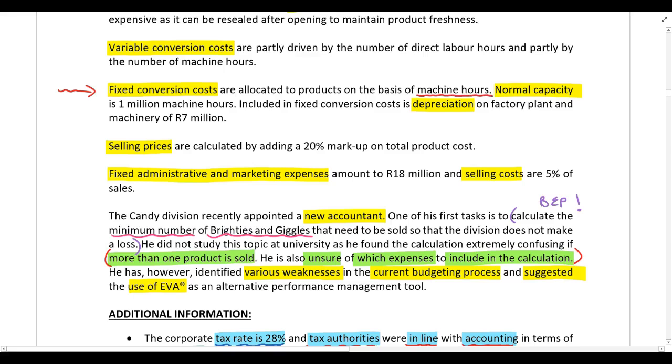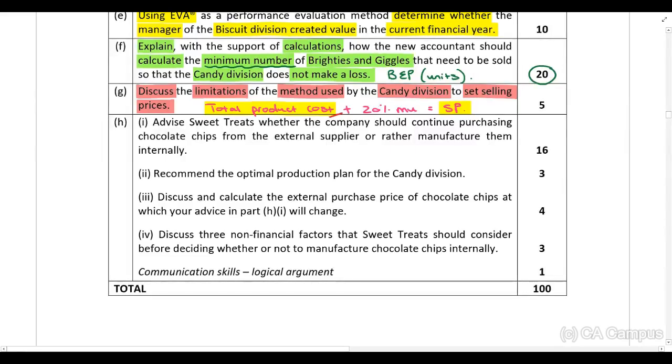So the division is using traditional costing to allocate fixed conversion costs to products, where they calculate one allocation rate using machine hours. They don't use activity-based costing. They are not accurately looking at which product causes the cost to allocate the cost. Instead, costs are just allocated to products on an arbitrary basis. So if costs are allocated to products on an arbitrary basis, that's going to lead to arbitrary selling prices.